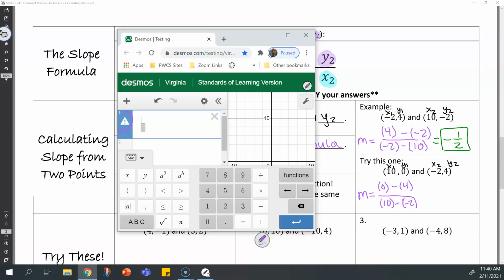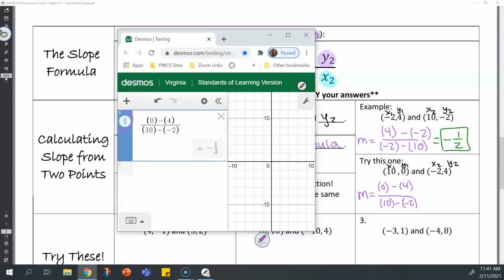Division sign to open up the fraction, parentheses 0 minus parentheses 4, and then on the bottom, 10. I need parentheses around that. Minus negative 2, also in parentheses. Again, it wants to give me a decimal, but that's not a problem. I'm going to switch it to a fraction, and I'm going to get that m is equal to negative 1/3.